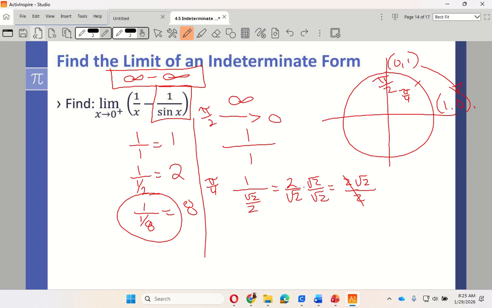So yesterday when we finished this up, we noticed that this one was getting bigger and bigger and bigger. So we did finish this up: infinity minus infinity.